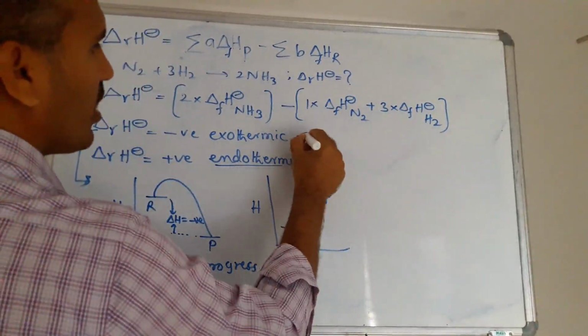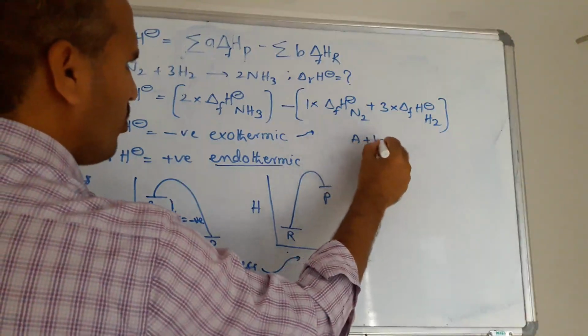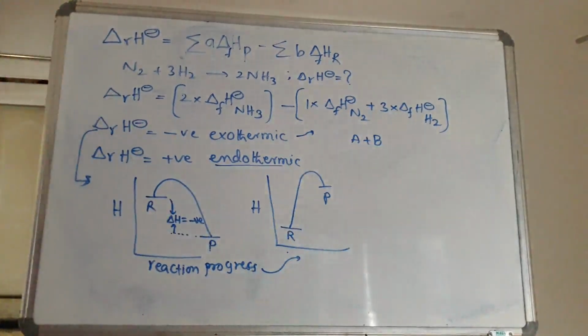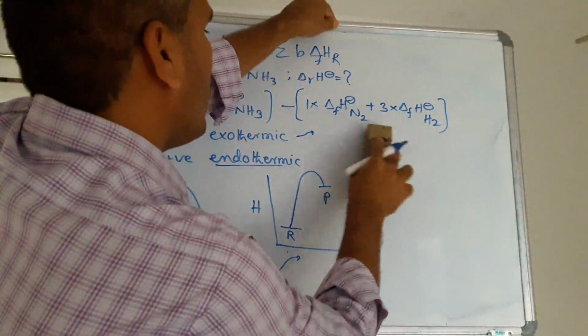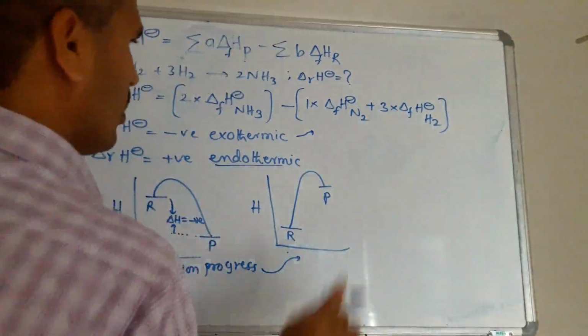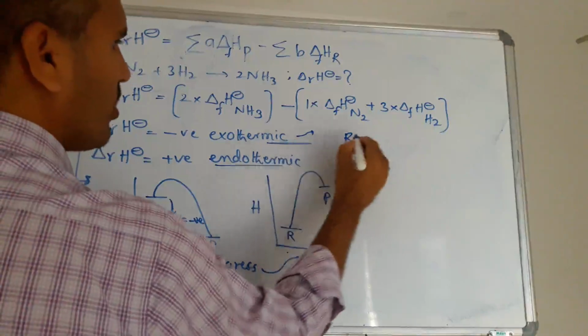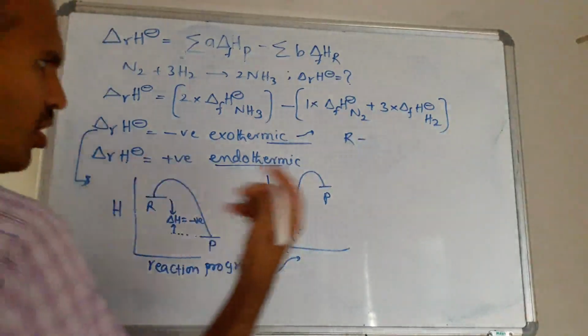Now exothermic with respect to one reaction: A + B, otherwise we can write it in the form of reactant and product, R and P, which is better. For exothermic, reactant: exothermic means energy loss.